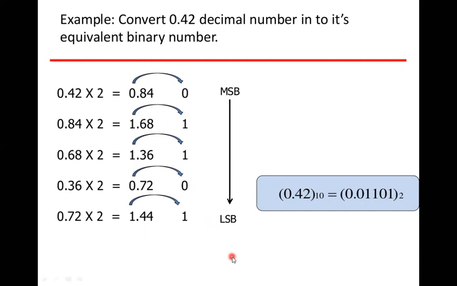So this is the answer. So the decimal number 0.42, its equivalent in binary is what? 0.01101. So this is the equivalent of a fractional decimal number.